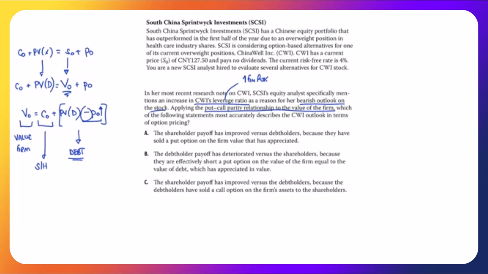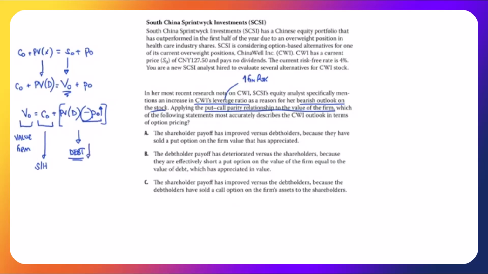Given this is a negative, that will worsen the position of debt holders.